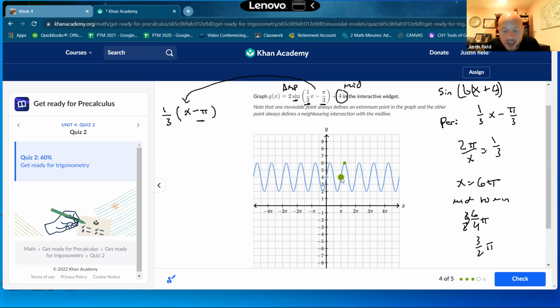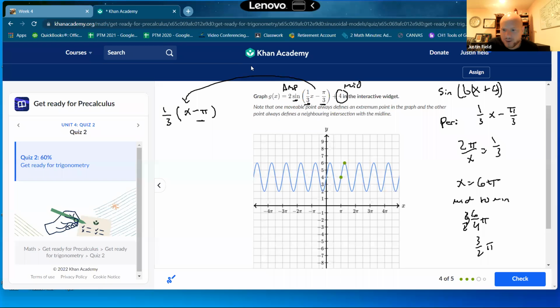So it's like this, that our horizontal shift is right by pi units. And then we know our amplitude is 2, but our period is 6 pi, and then 1.5 from mid to max.